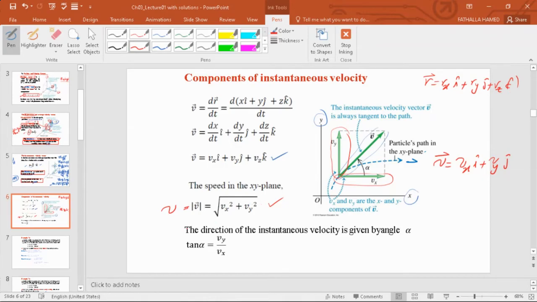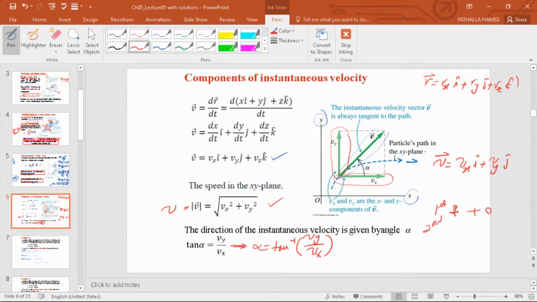Now if you want to get the direction, remember what we talked about. We said usually we take tan alpha as the y component over the x component, meaning that alpha will be tan inverse of vy over vx. That will give you the angle relative to the positive x-axis. Remember the rules: if you are in the first quadrant, you add 0, meaning you do nothing.